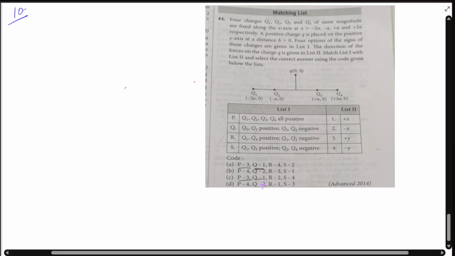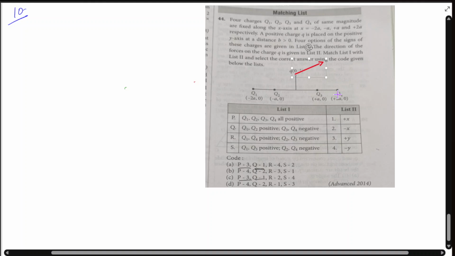Let's go back. For R, what is it? Q1 and Q4 are positive. So again, this is Q1, and this is our Q4, right? Now, Q2 and Q3 are negative, so they will be attracting it.